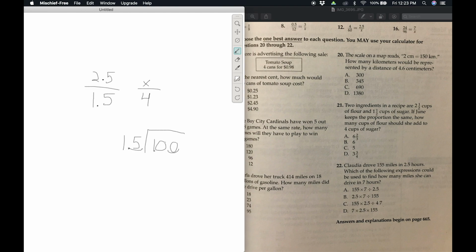Let's see. 15 times 3 is 45, so times 6 would be 90, and we know it wouldn't go in there anymore because times 7 would be 105. 15 goes into 100 6 times. 6 times 15 is 90. 100 minus 90 we know is 10. So your answer is 6 with 10 remaining, which 10 over 15 equals 2/3.